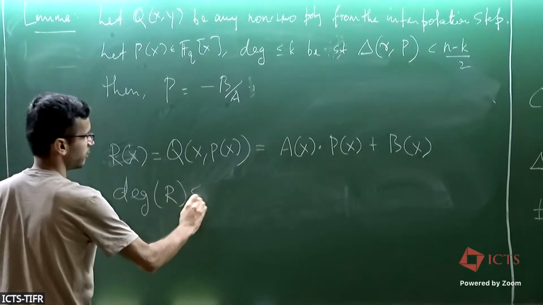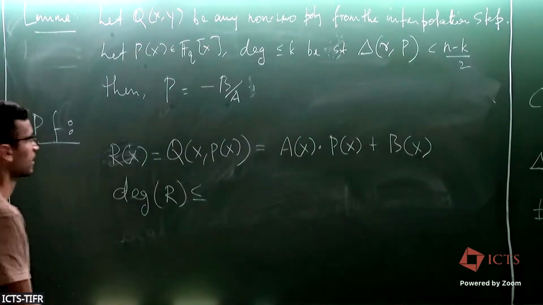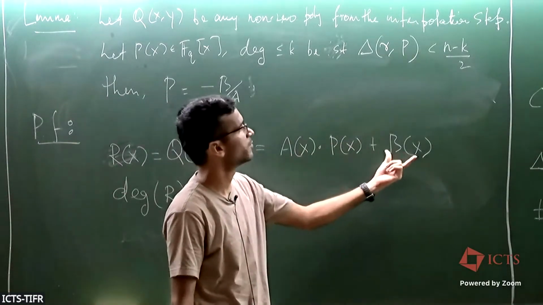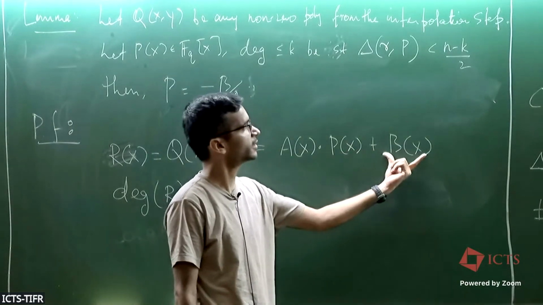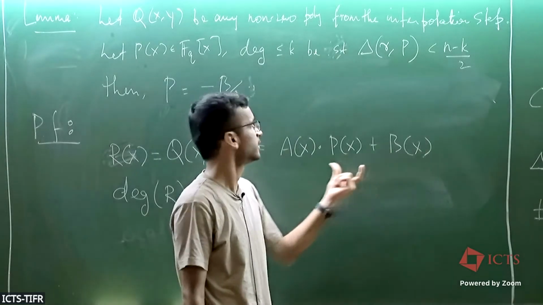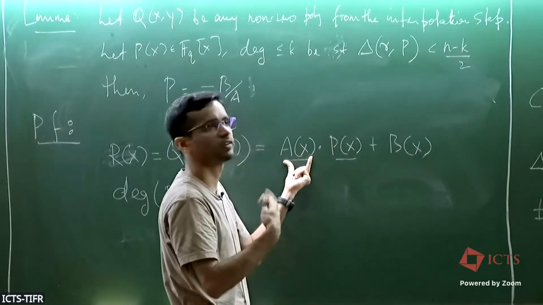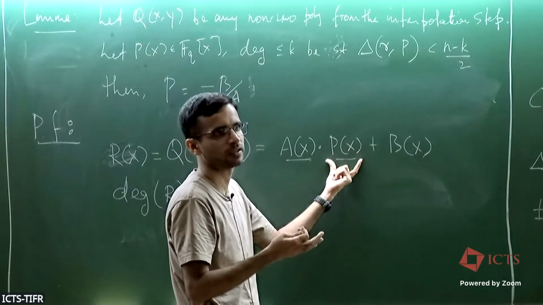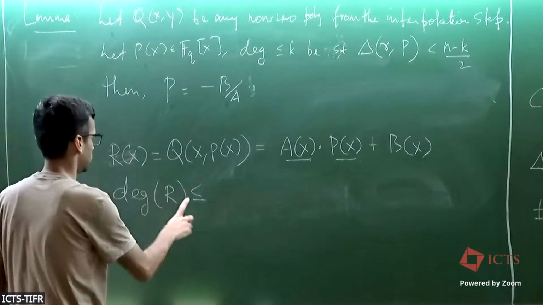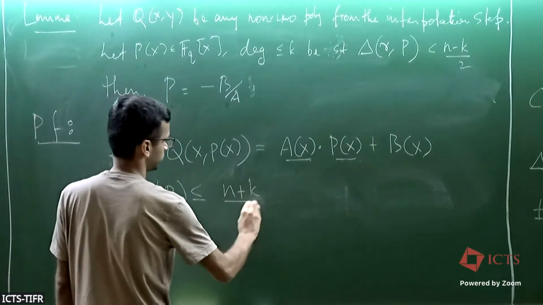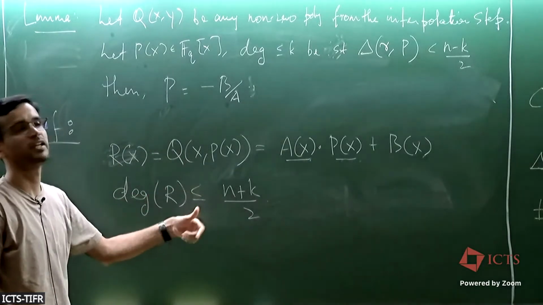The degree can be the max of the degree that comes from B and the degree that comes from the first part. The degree that comes from B is (n plus k) over 2. The degree that comes from the first part depends on the degree of A and the degree of P. The degree of A was at most (n minus k) over 2. The degree of P was at most k. So both parts give you a bound of (n plus k) over 2. So R is a univariate polynomial of degree at most (n plus k) over 2.